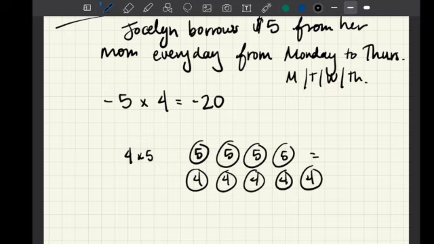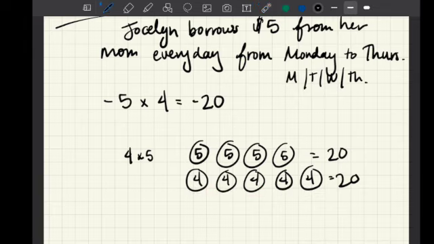The 4 groups of 5 and 5 groups of 4 are equal to the same thing. We've got 5, 10, 15, 20, or 4, 8, 12, 16, 20, like that.